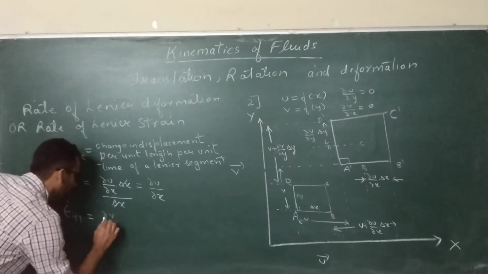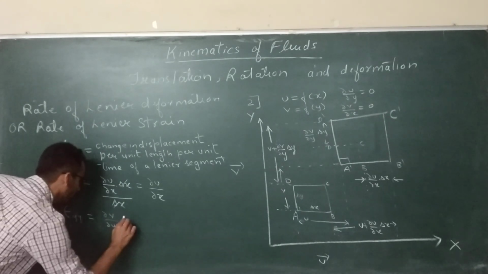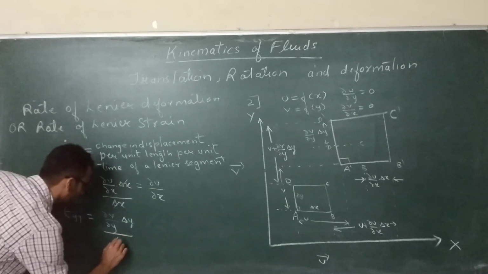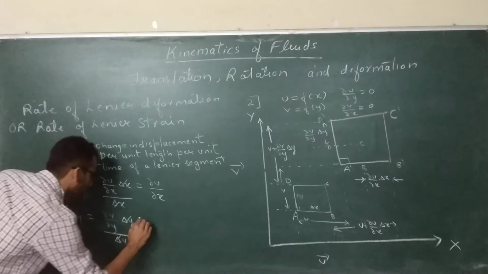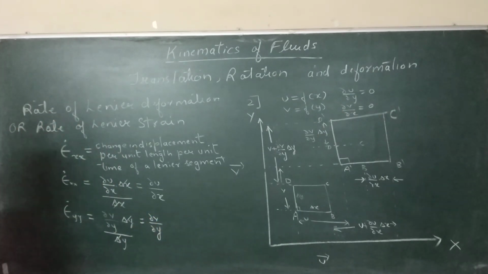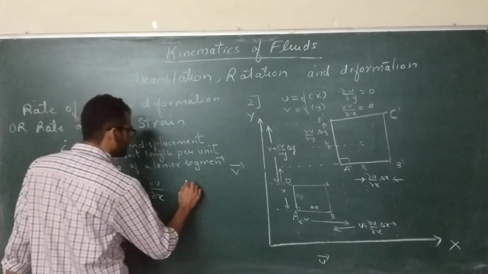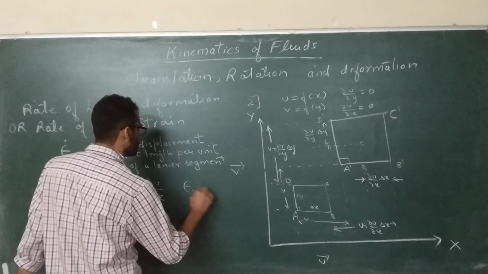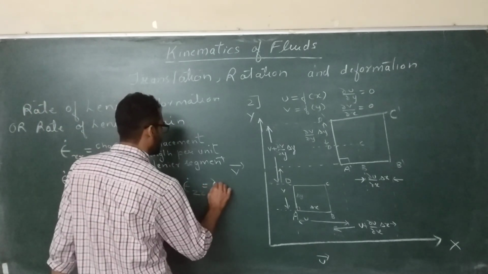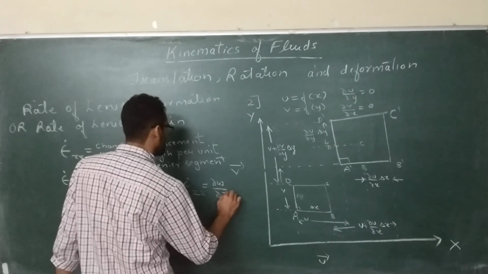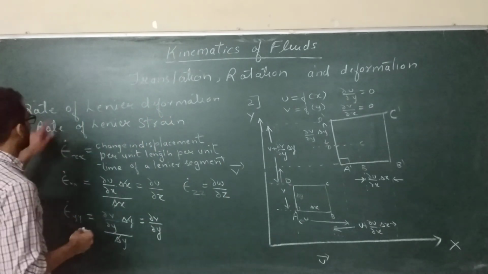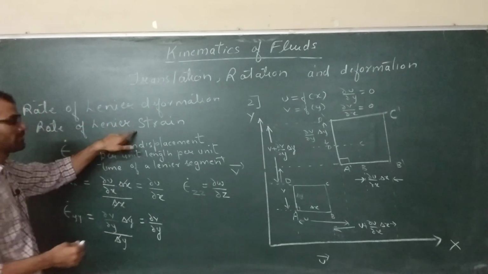We also want it per unit length, so divided by original length delta Y. So we are getting del V by del Y. Similarly you can also find the rate of linear deformation along Z axis. It will be del W by del Z. Okay, so this is how we define the rate of linear deformation or rate of linear strain.